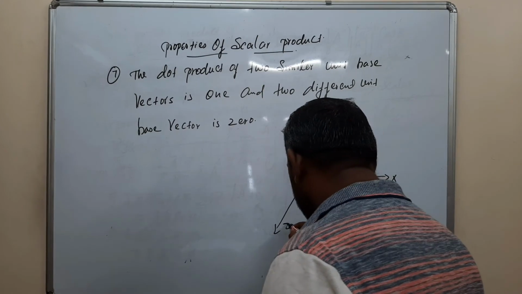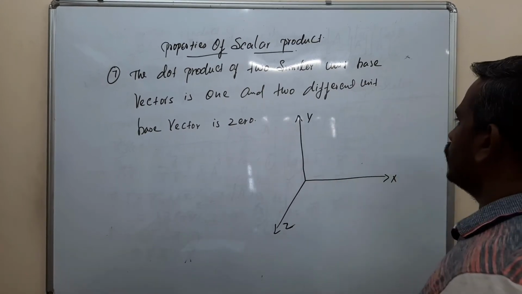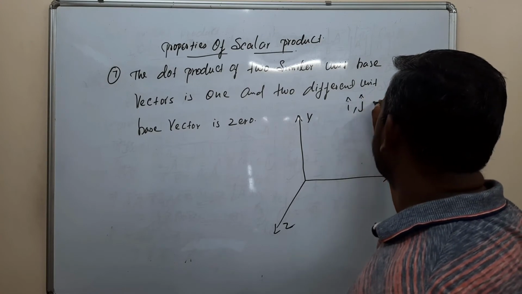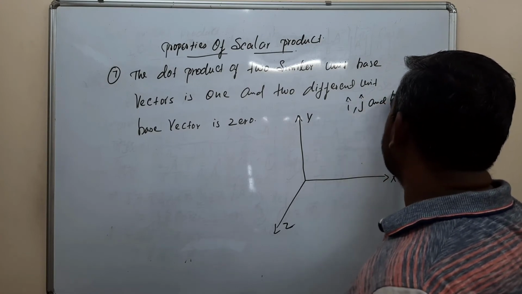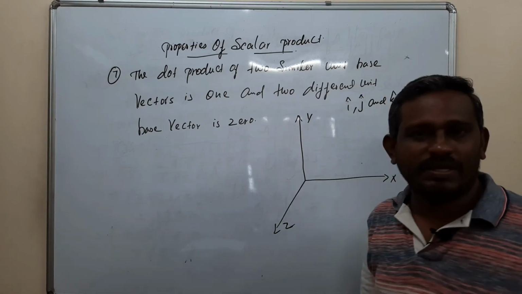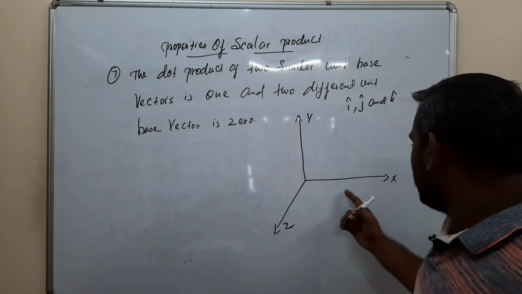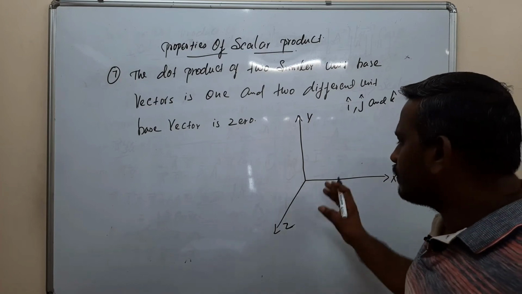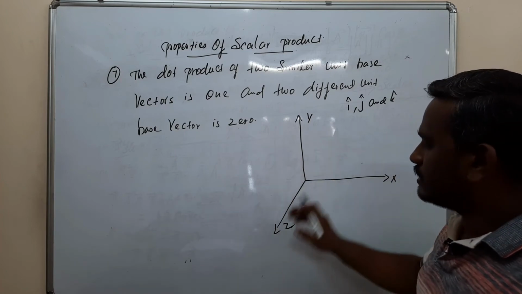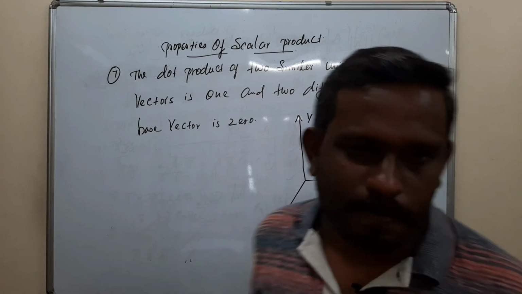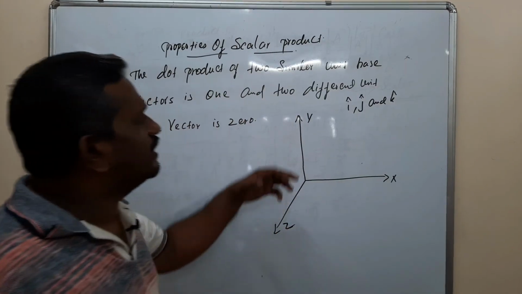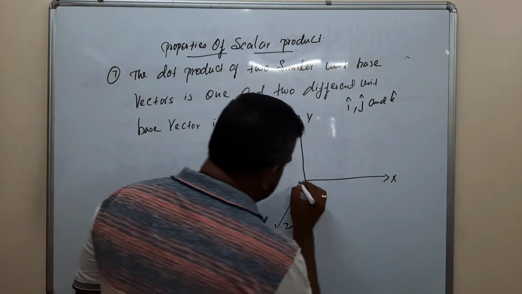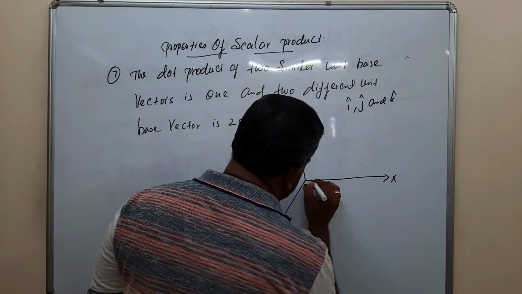So i cap, j cap, and k cap are the unit vectors along the x-axis, y-axis, and z-axis, used to represent the direction of these axes. These vectors are called orthogonal unit vectors or base unit vectors. So this is the origin.